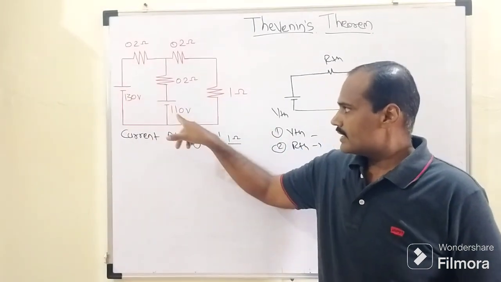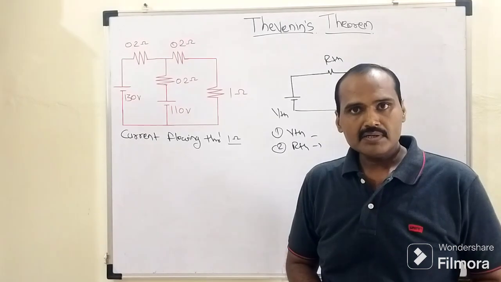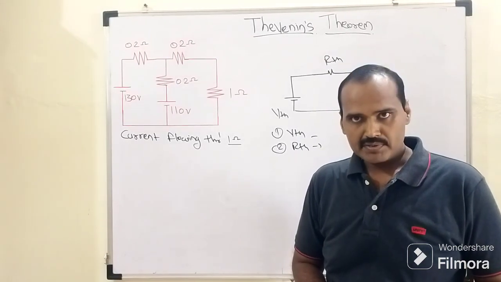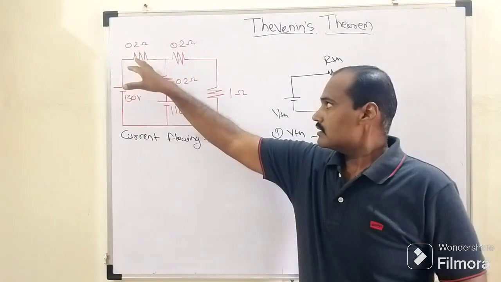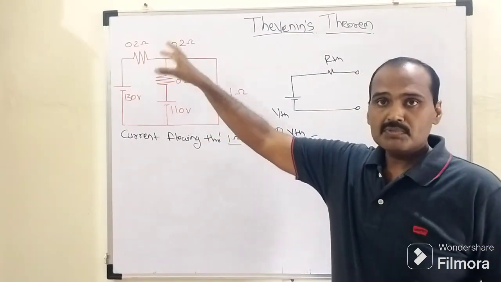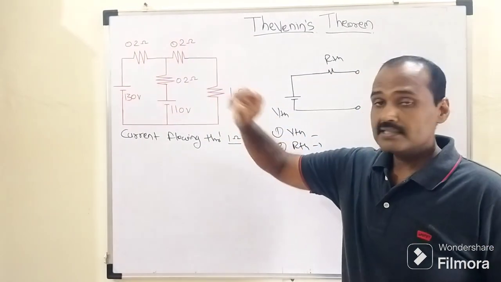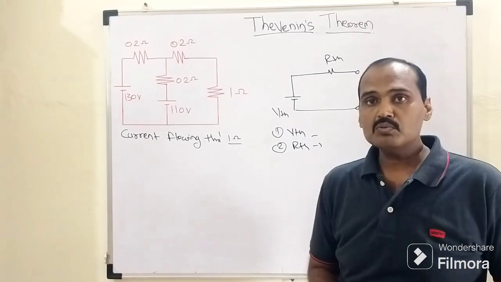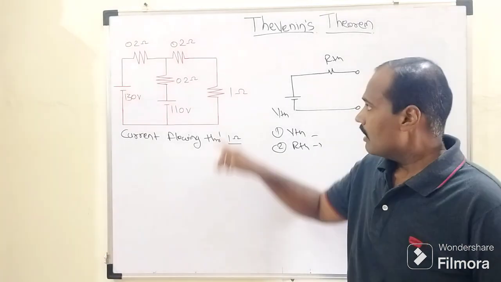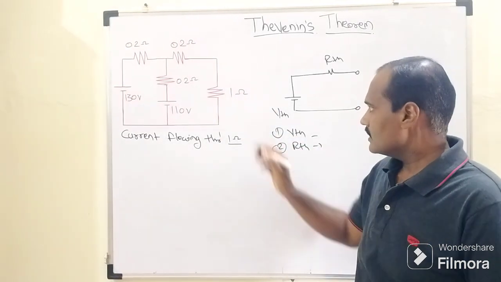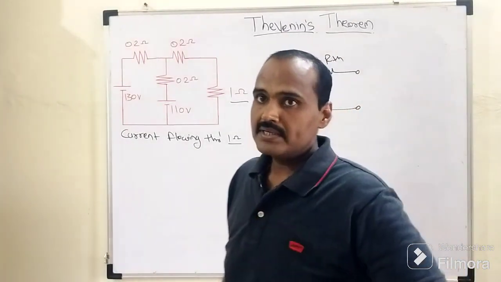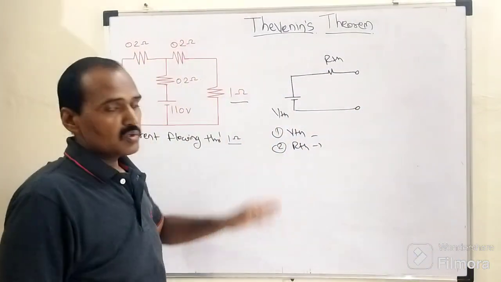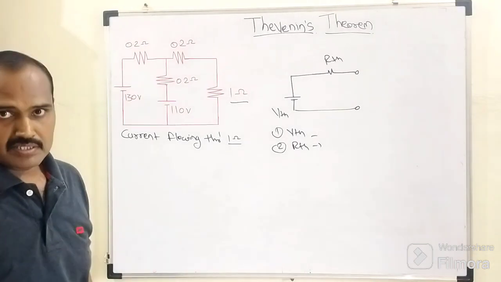One is of 130 volt and another is 110 volt. And certain resistive arms we have with us, like a 0.2 ohm resistor, a 0.2 ohm resistor, and another third branch which has a 0.2 ohm resistor. And our target resistor is this 1 ohm resistor. So we need to determine the current flowing through this 1 ohm resistor by using this Thevenin theorem.